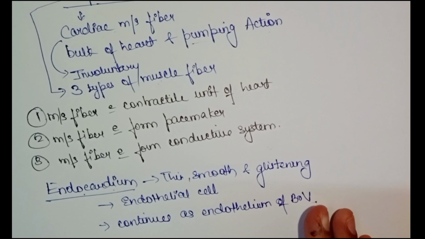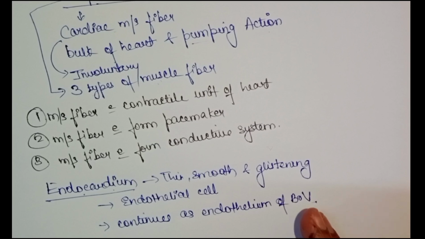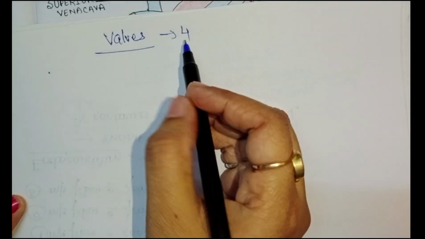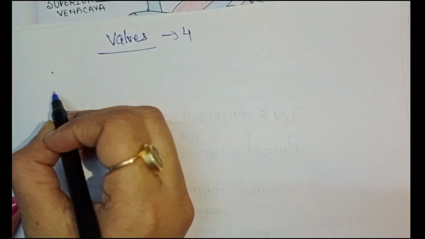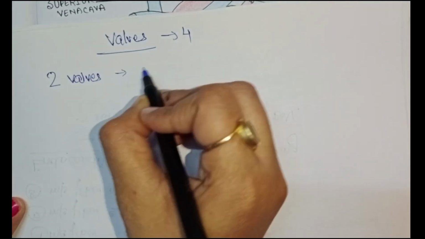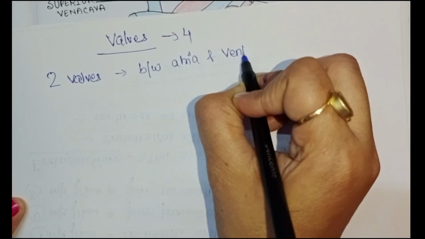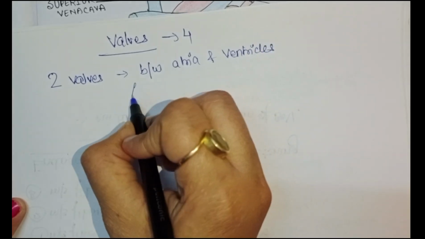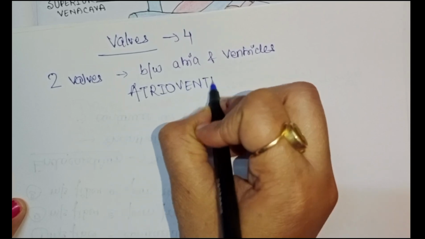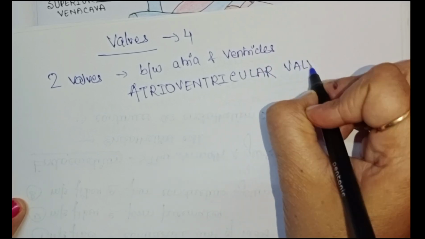So this was all about the layers of the wall of the heart, that is outer pericardium, middle myocardium and inner endocardium. Now, there are 4 valves in the human heart. 2 valves are in between atria and ventricles and are called atrioventricular valves.